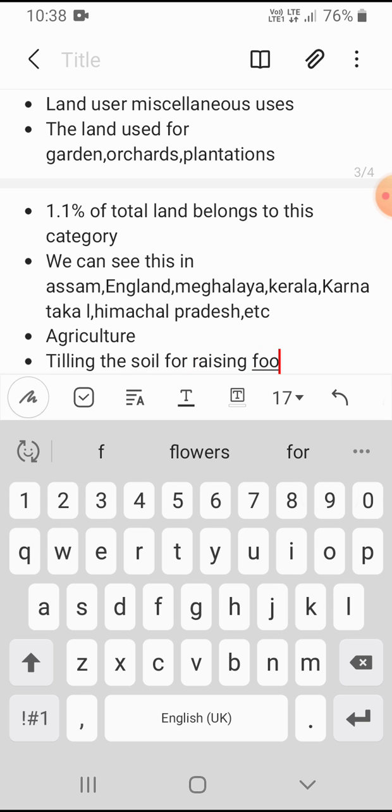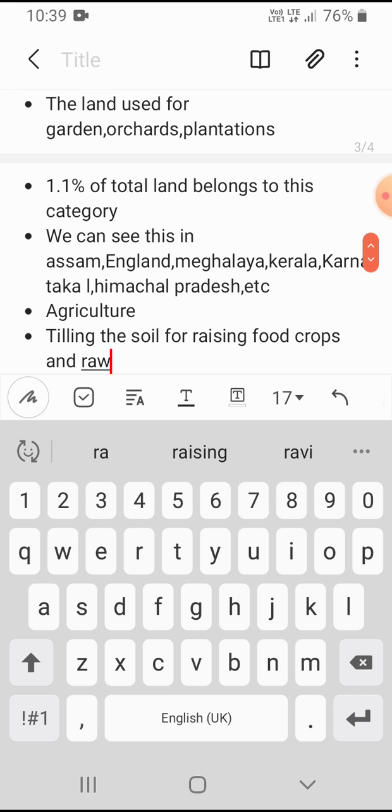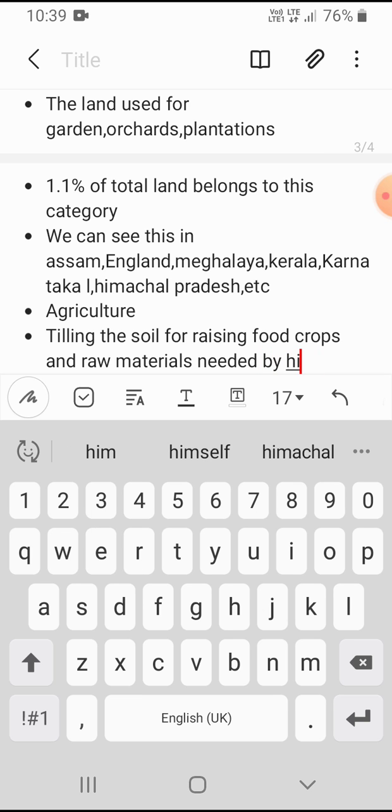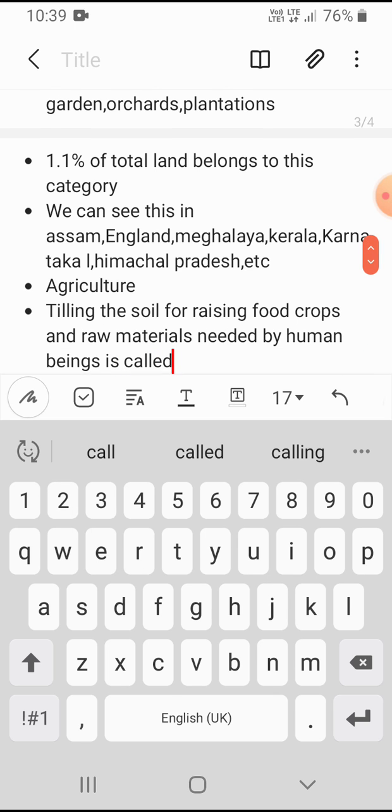Also we can say raising food, crops and raw material. Tilling the land to raise the food, crops and raw material needed by human beings is called agriculture, as you all know.